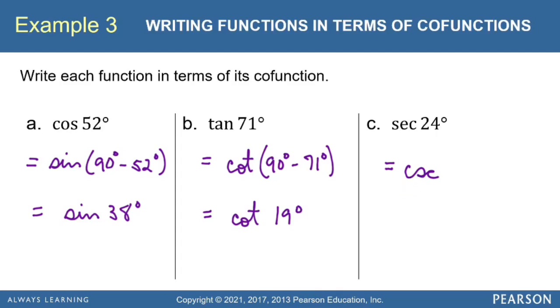And then we know that the secant of 24 is going to equal the cosecant of the complement of 24. So that would be 90 minus 24, and that's going to be 66. So the secant of 24 degrees is equal to the cosecant of 66 degrees.